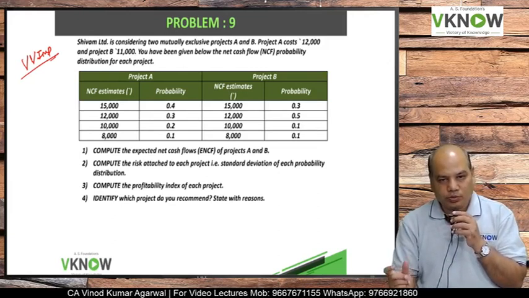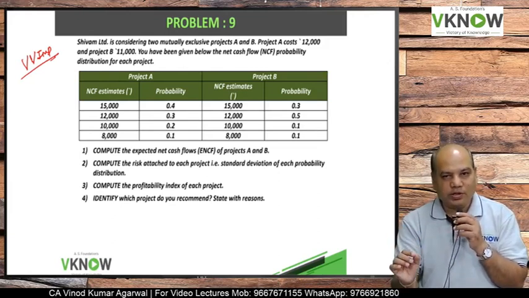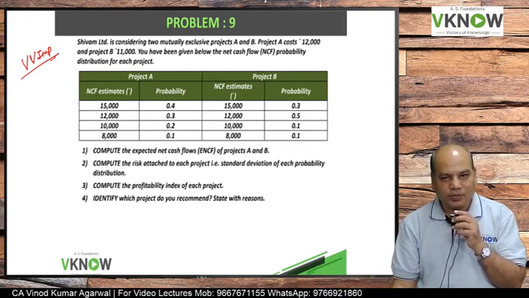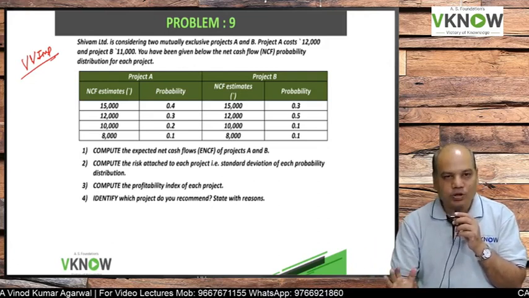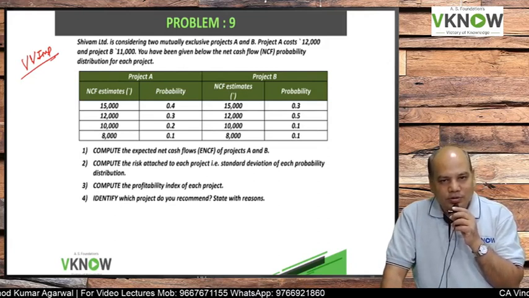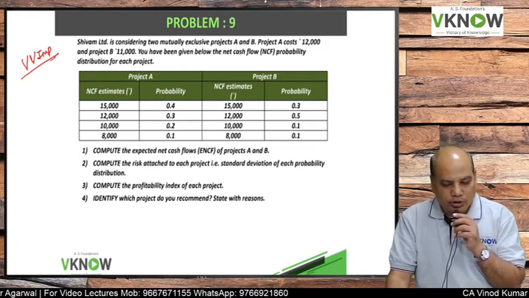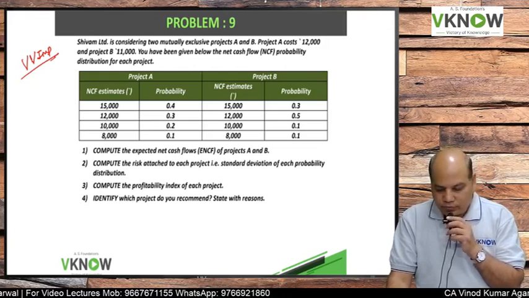With the help of this one question, we will practice standard deviation, expected value, variance, and coefficient of variation also. So one question will help us with so many concepts.